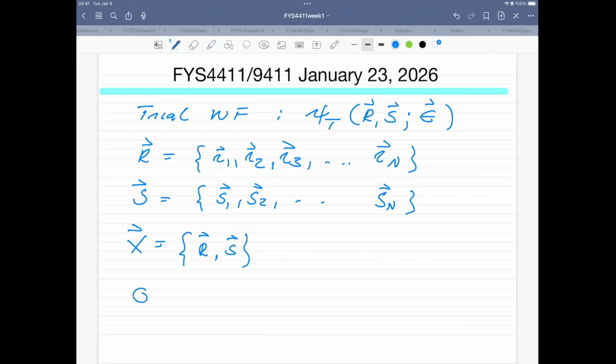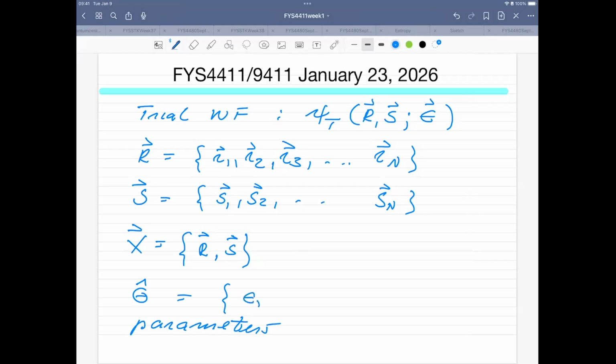And then we have theta, which are just the parameters, and we are going to call them variational parameters. We will have a set of parameters. In the first project, we're just going to have one parameter, which makes the whole optimization very easy, because we don't need to calculate a gradient, we just need the derivative of the expectation value of the energy. That's the quantity we will optimize.